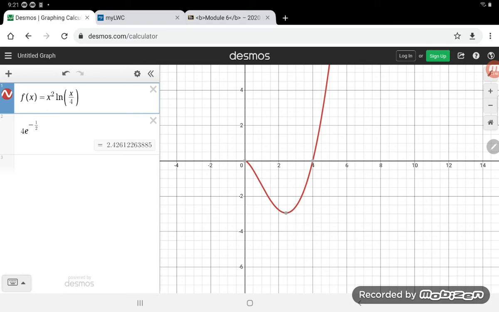Okay, so I had the right critical number, but it appears that's concave up, that's a positive.